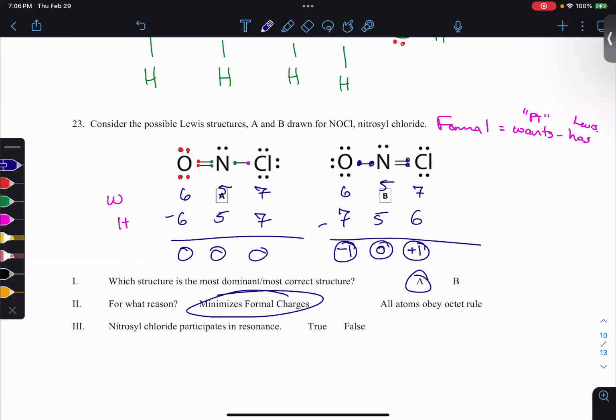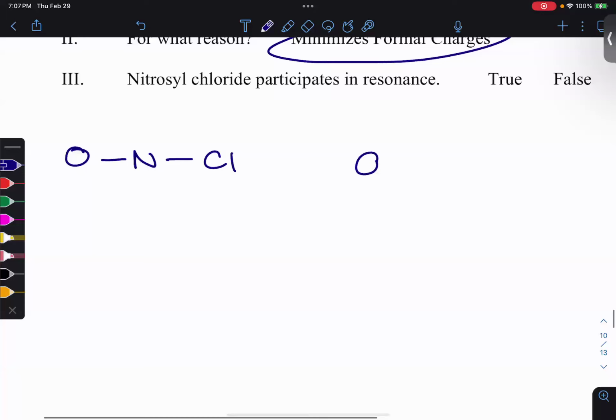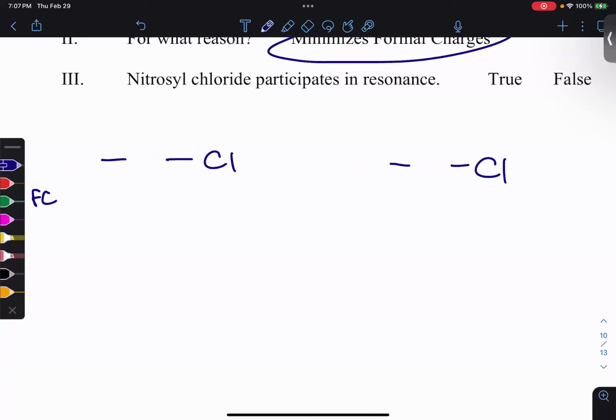0 is preferred. But if you have to have a formal charge, you want to put it on the most electronegative atom. So let me give you an example. If I had O, N, Cl or something, pretend that I actually have a structure.